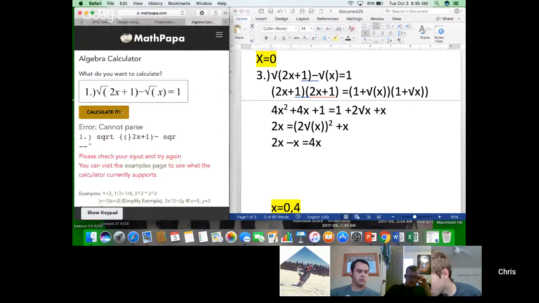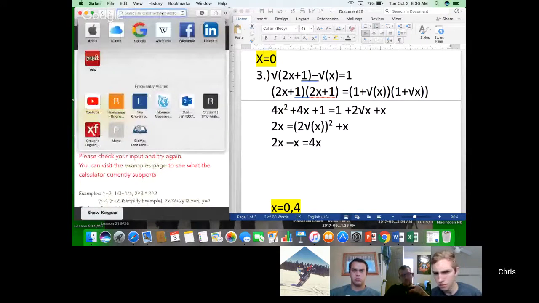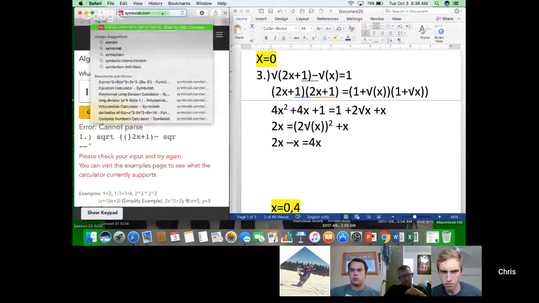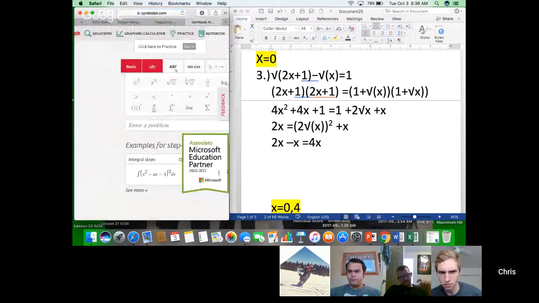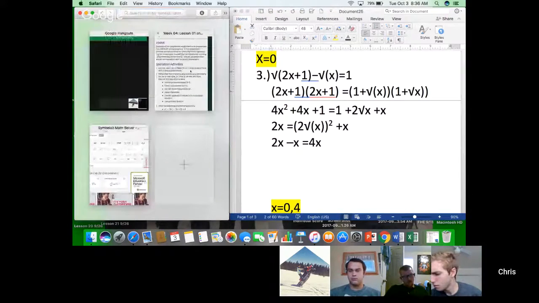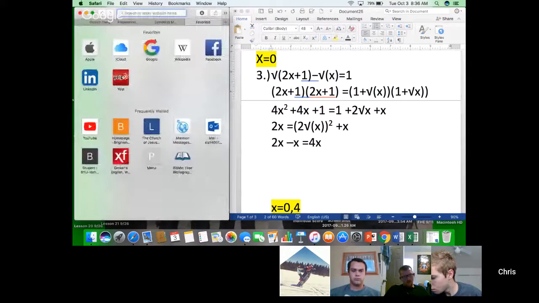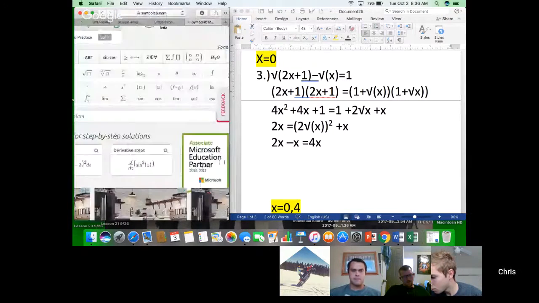I'll try another one, I guess. We'll just take off one dot and just the first number, dot, parenthesis. Yeah. There it is right there.